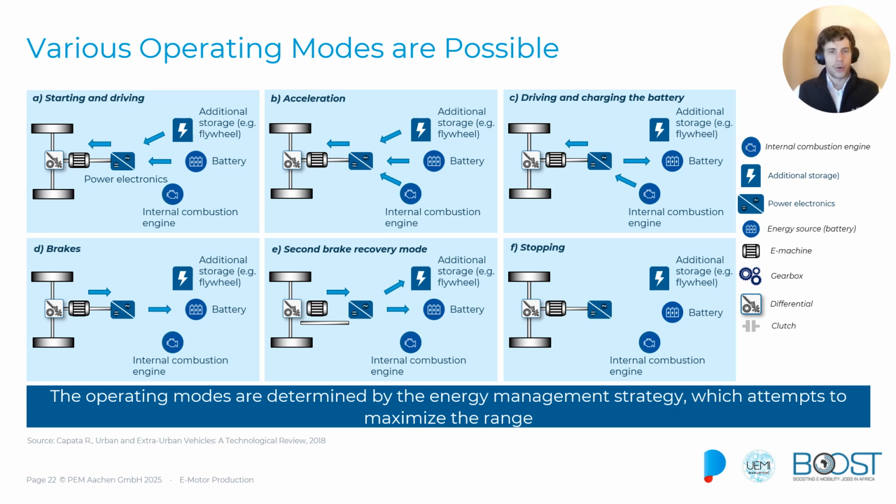In the recovery mode, we only use the electric motor to brake the car until it stops. This is also called one-pedal drive because four-sided driving makes the brake pedal superfluous.